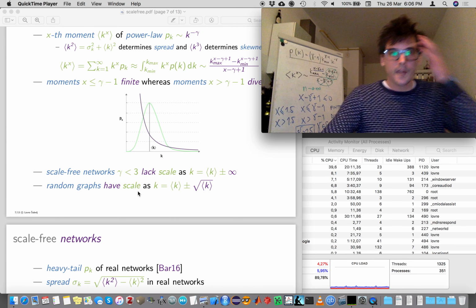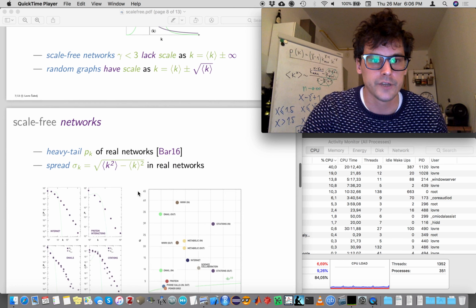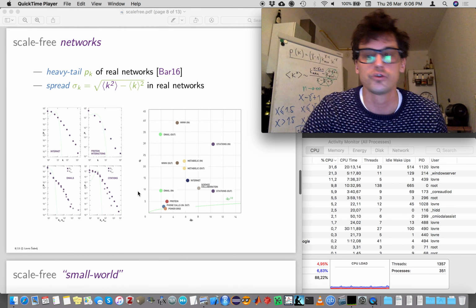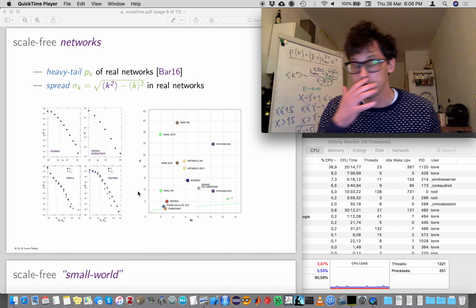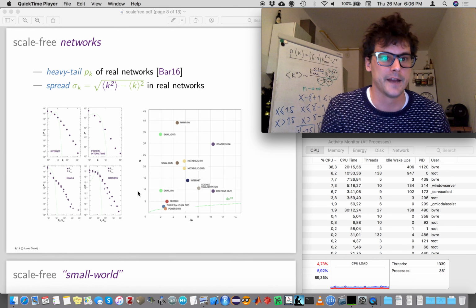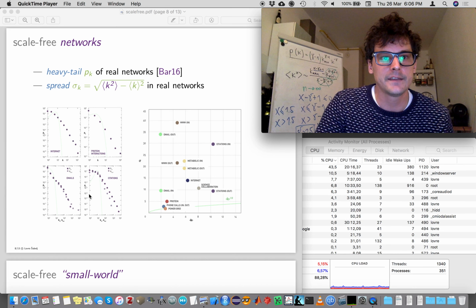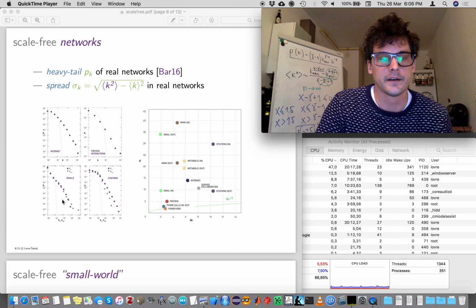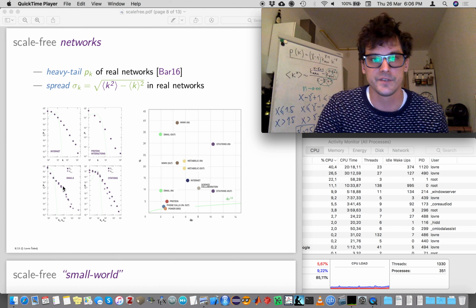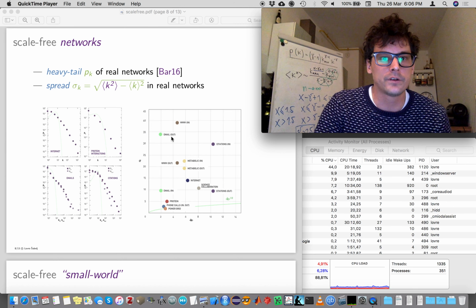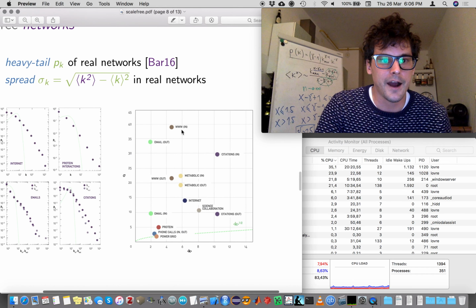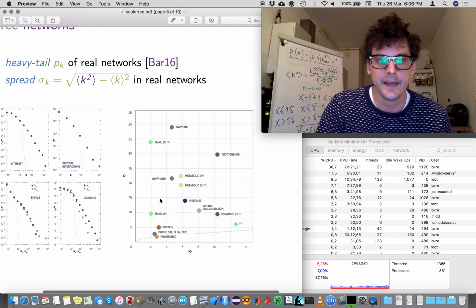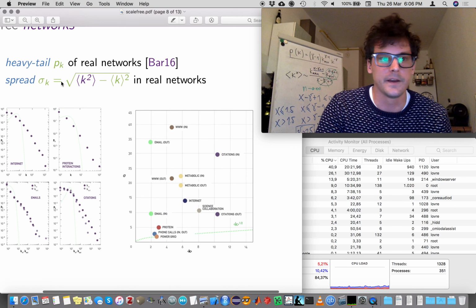Okay. Let us move on to the next slide that is trying to show these results that we have just derived for some real networks. On the left-hand side, you can see the degree distribution of some real networks, and on the right-hand side, you can see how the degrees spread for different real networks.